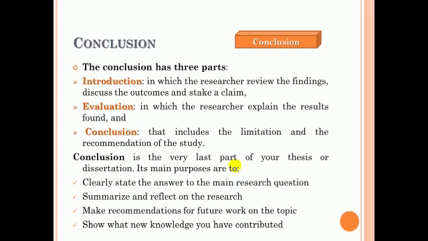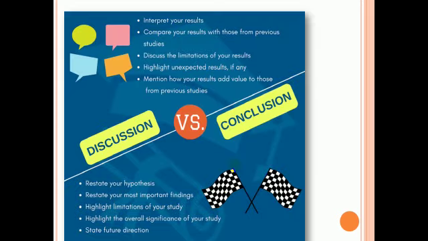Also, we have a difference between the discussion section and the conclusion, and it is very clear in these points. Here, discussion means the results and discussion section, and conclusion refers to the conclusion section.